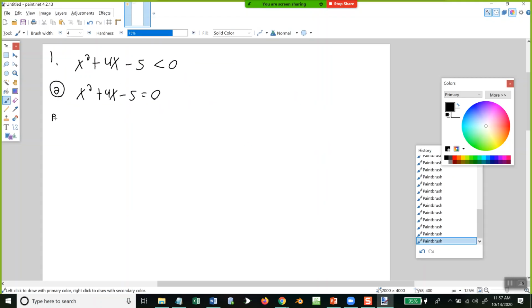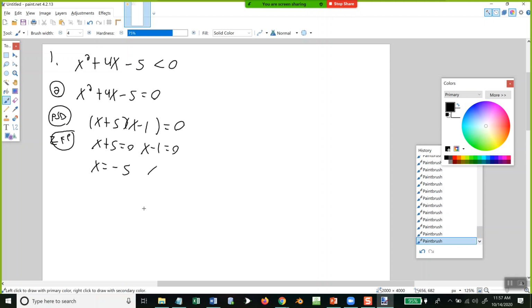So using PSD, this factors as x plus 5 times x minus 1. Zero factor property. Set each factor equal to 0. You get negative 5 and positive 1.